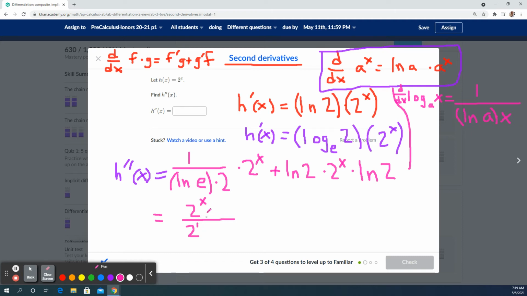I'm not real in tune with my laws of exponents, but I can see that they have the same base, so these probably combine. I'll be careful about that. And natural log of e. So this is log base e of e, which undo themselves. So that's a 1.